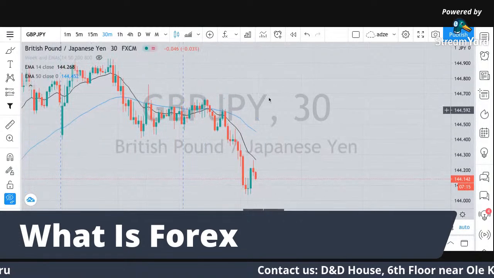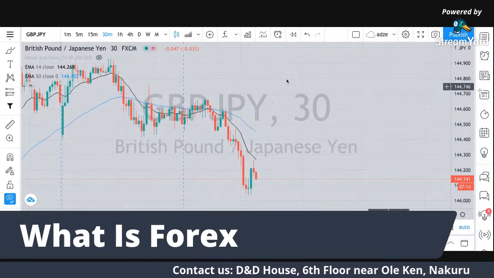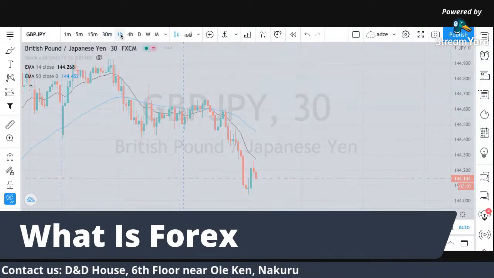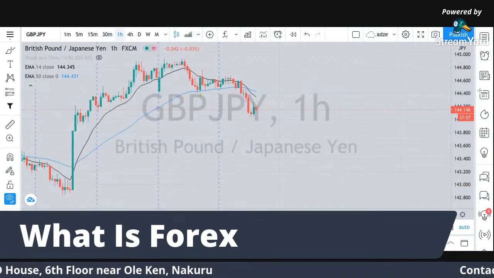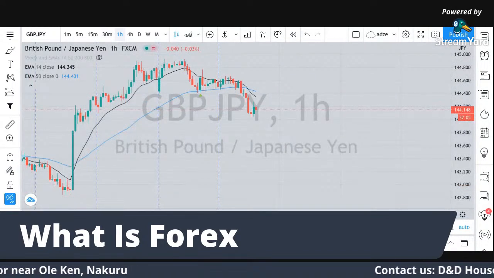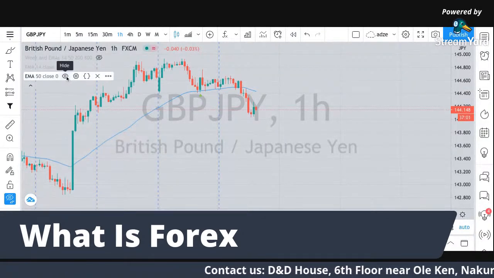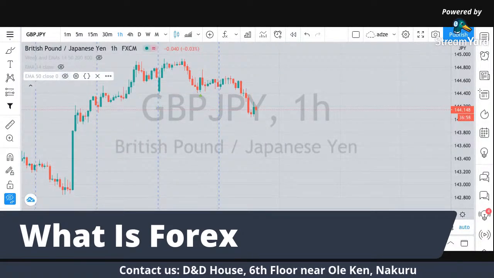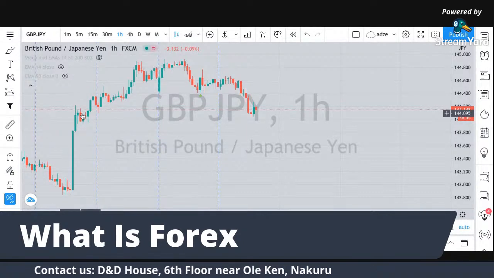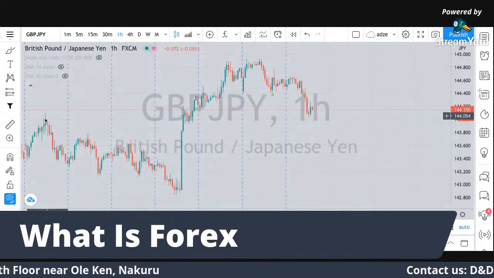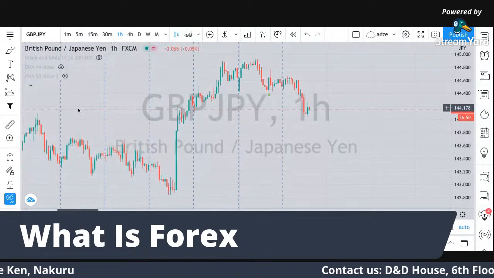This is how the 30 minutes looks. This is how the 1 hour looks. Price is below the moving averages. There has been rejection at this particular zone, the same zone that was used here.